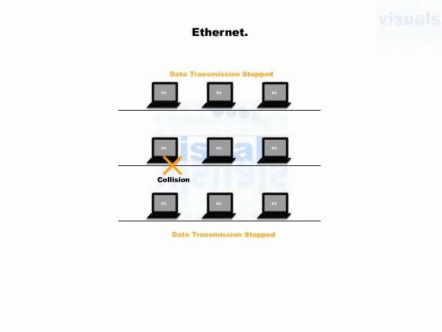Data transmits using one wire pair in an Ethernet network. Sending and receiving of data is processed on the same wire pair. Ethernet uses CSMA/CD, carrier sense multiple access with collision detection. This feature keeps an eye on the data transmission process.